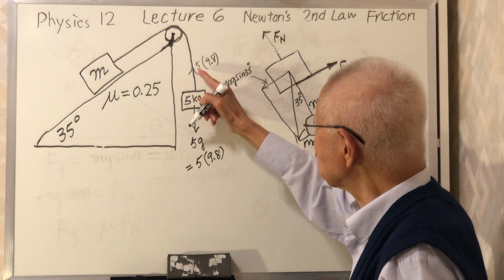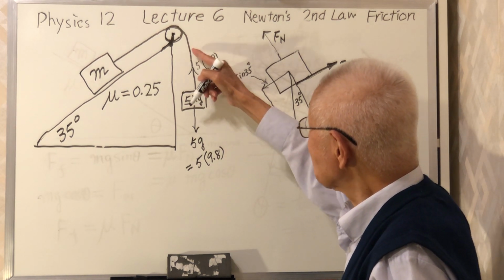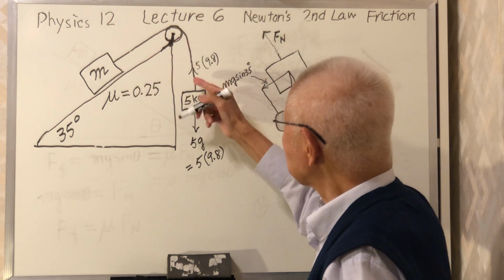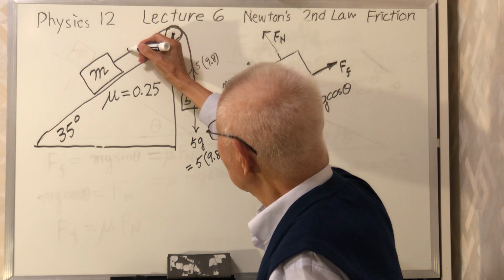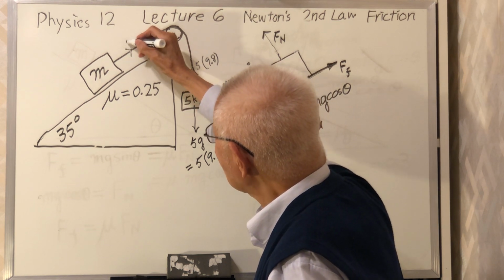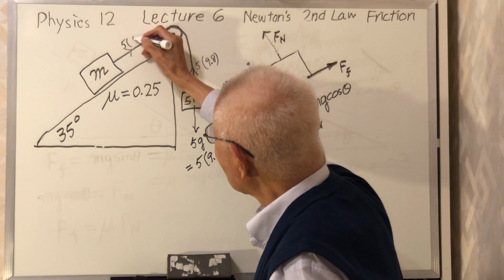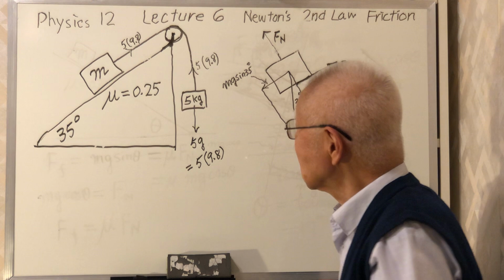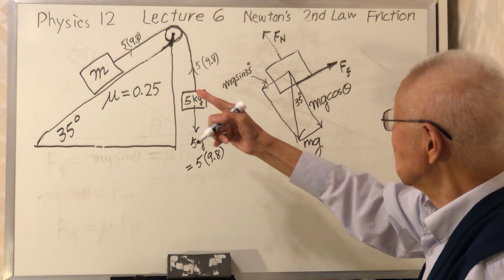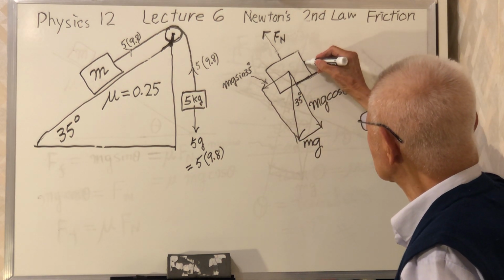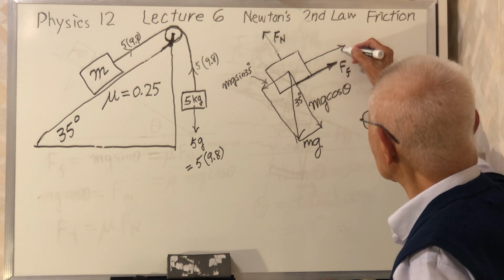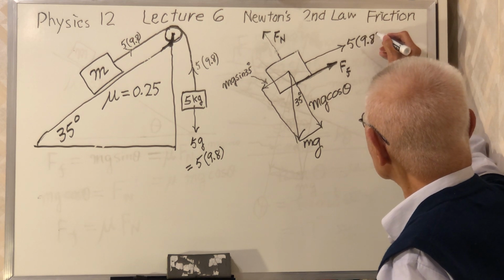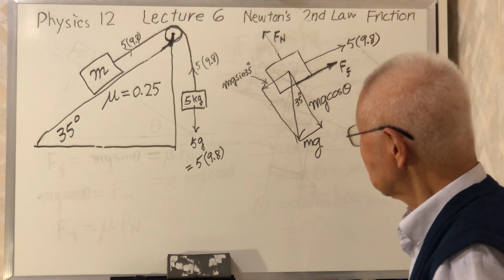So the tension here is 5 times 9.8. The tension here and the tension here are the same tension. So this force will show up in the free body diagram here, 5 times 9.8.